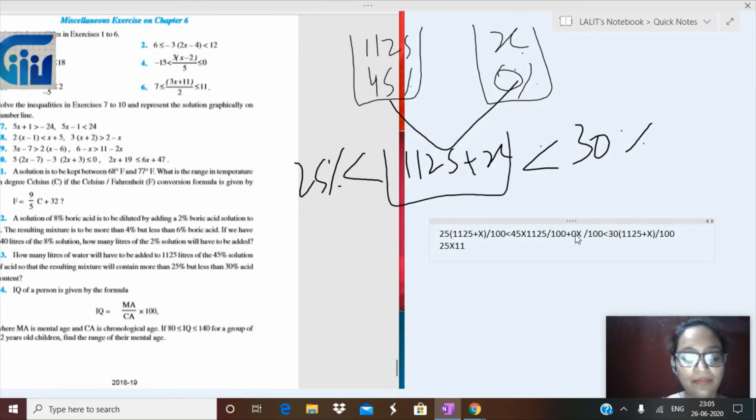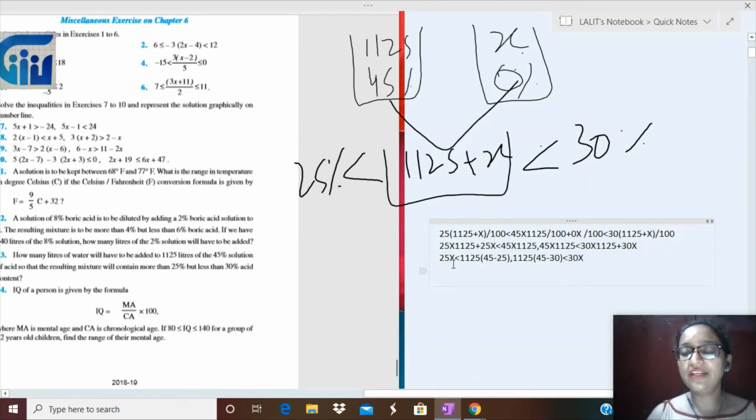So it is 1125 plus 25x. Solving it further, I'll write 25x on one side, and 1125 I take common from this as well as from this. Just see here, it will be 45 minus 25, and the same thing for the other part. So 1125 I take common from this as well as from this, it will be 45 minus 30, right?